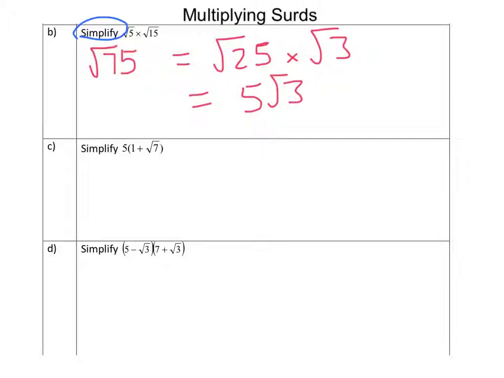In the next example we have a bracket multiplied by 5, so multiplying each term by 5 we get 5 plus 5 root 7, and we have to leave it like that.